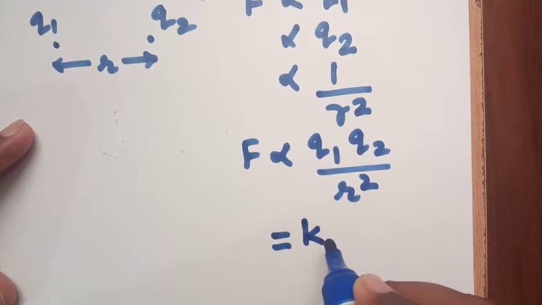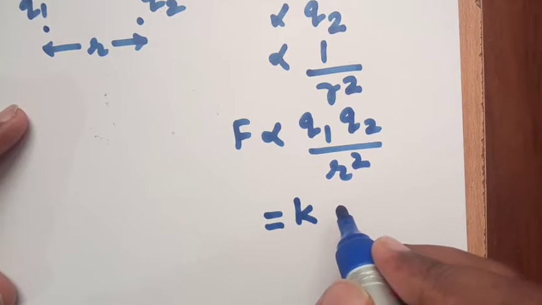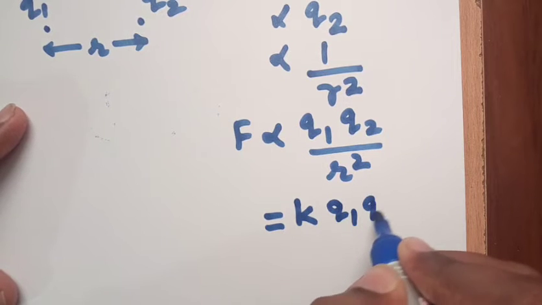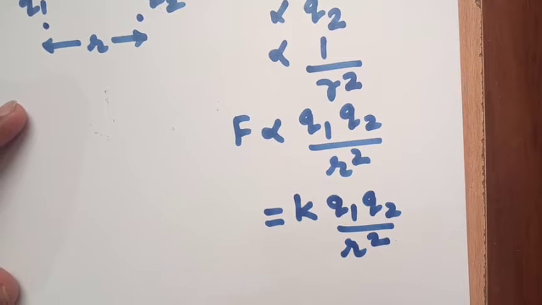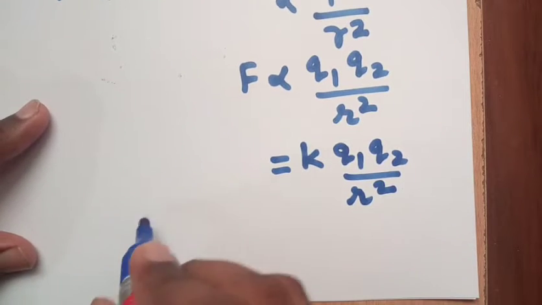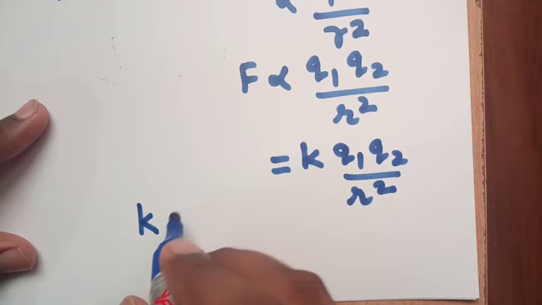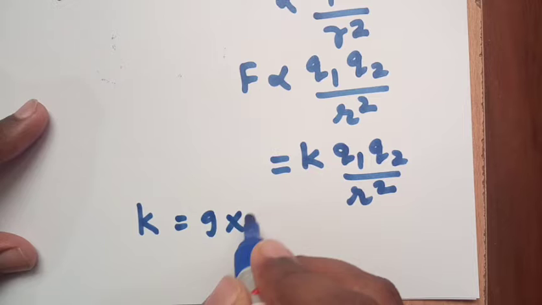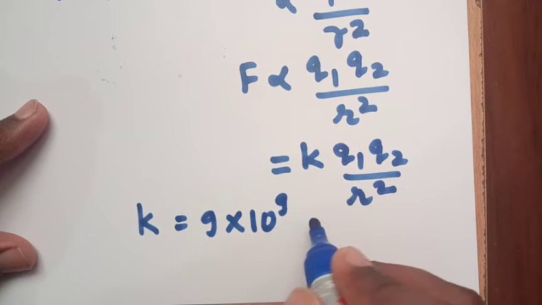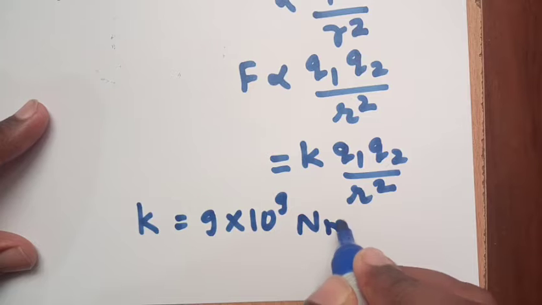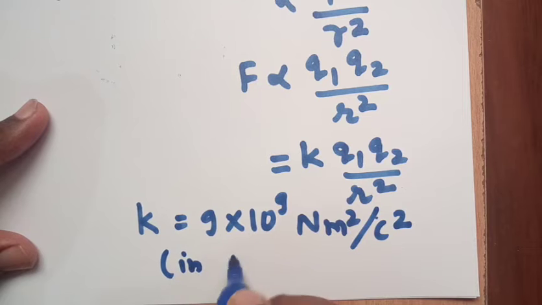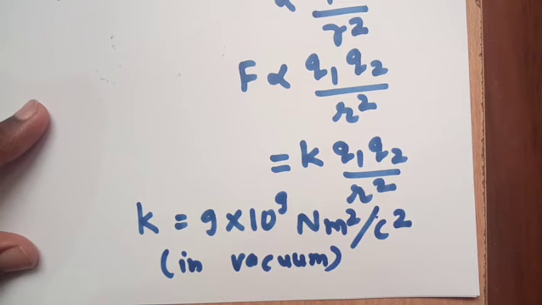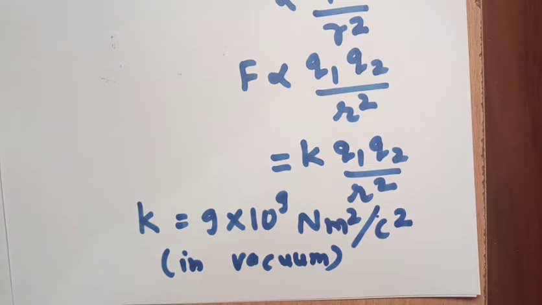We call it the proportionality constant, and we'll put it as K. So F equals K Q1 Q2 upon R square, where K is called the proportionality constant and has a value of 9 into 10 to the 9 Newton meter square per Coulomb square in vacuum.